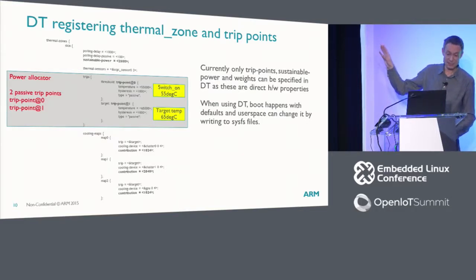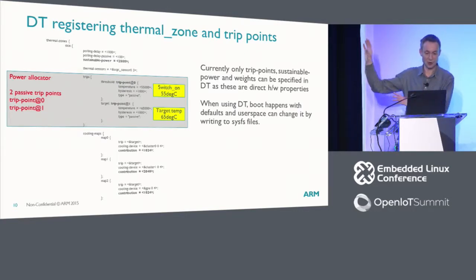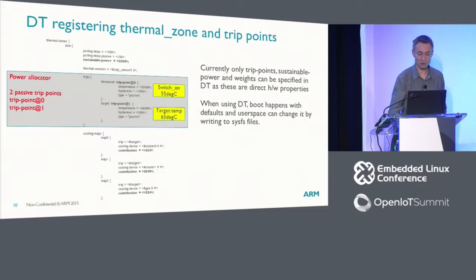Okay, so this is configuring it in DT. Sorry about the small writing, but essentially what we've got here are 2 trip points. We've got trip point 0, which is this one, which is the turn-on point for the power allocator governor. So below that, everything is just at maximum. So when it turns on at 55 degrees C, then IPA becomes active in the kernel.